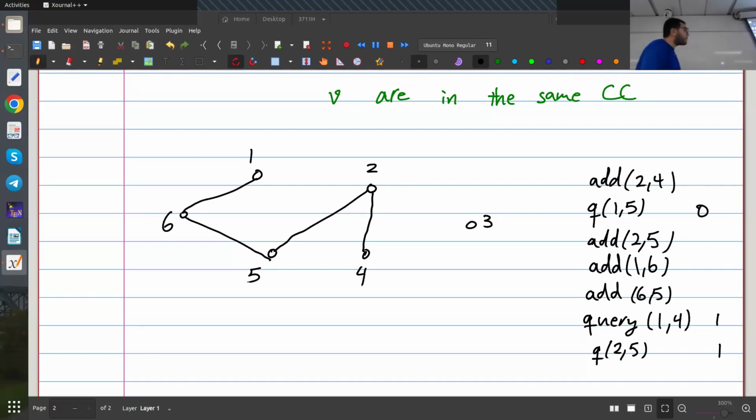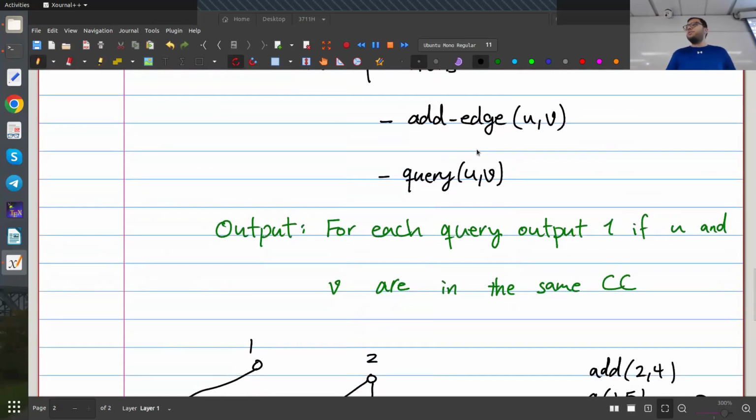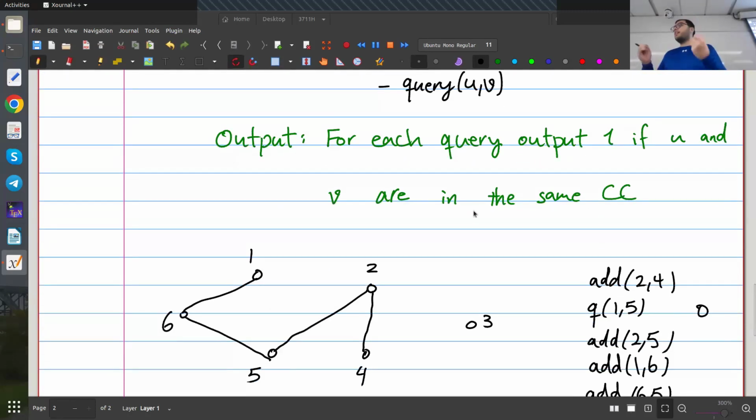Now, of course, we can have a very simple solution to this, and the simple solution is keep the graph, right? Just have this graph as an adjacency list, and whenever you want to add an edge, you just add the edge to your graph. Whenever there is a query, you're asking whether I can go from vertex u to vertex v, just do a DFS from vertex u, see if you reach vertex v, right?